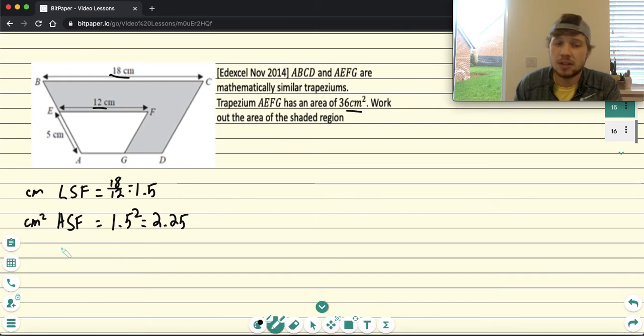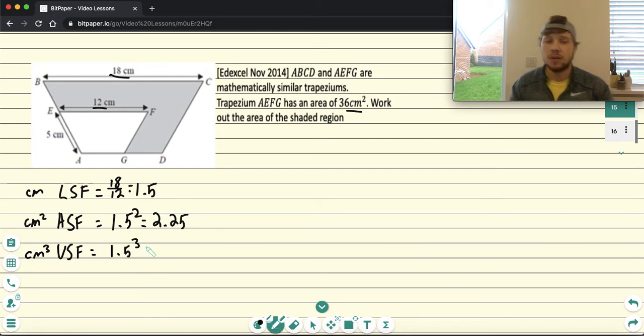And likewise, just going to show you now, if I have a volume scale factor, well, volume is measured in centimetres cubed, I would have to do 1.5 cubed. So, let's look at the question at hand. Work out the area of a shaded region.